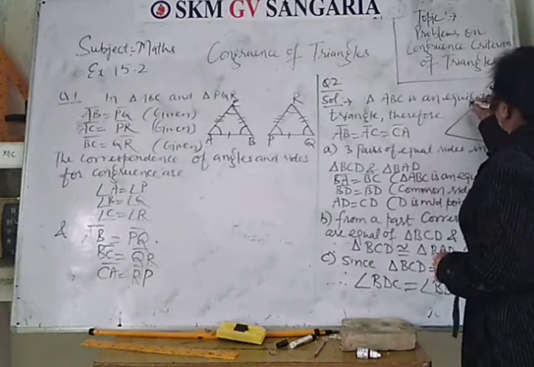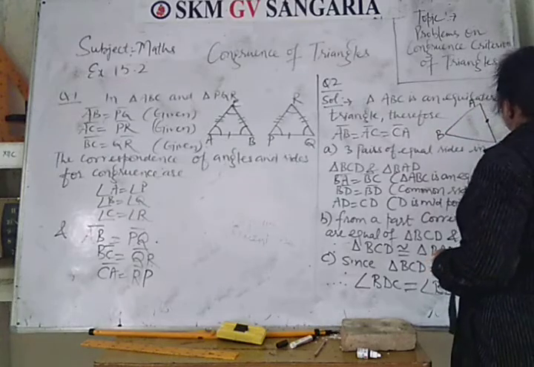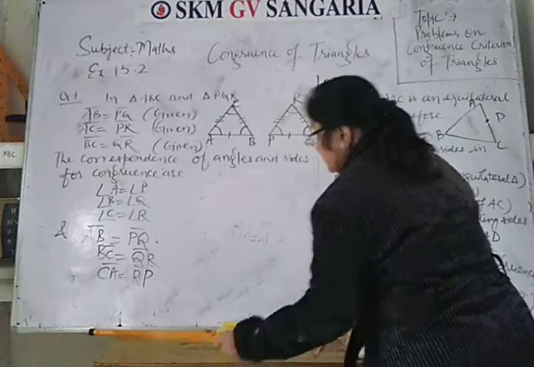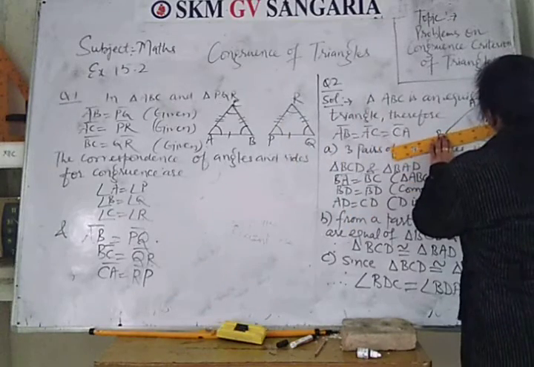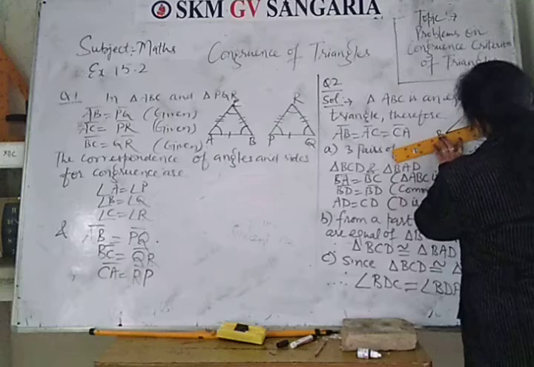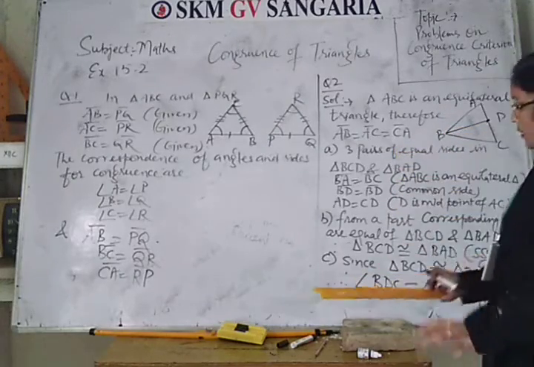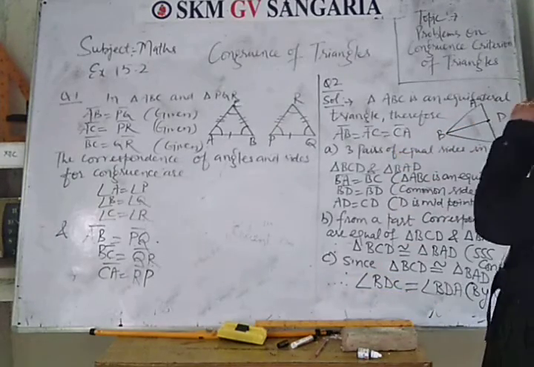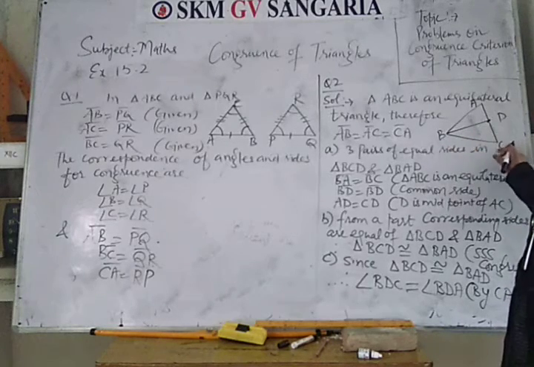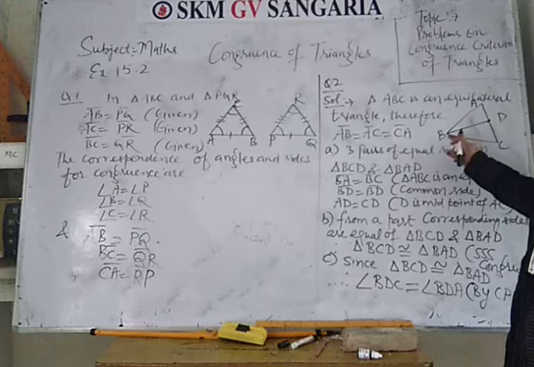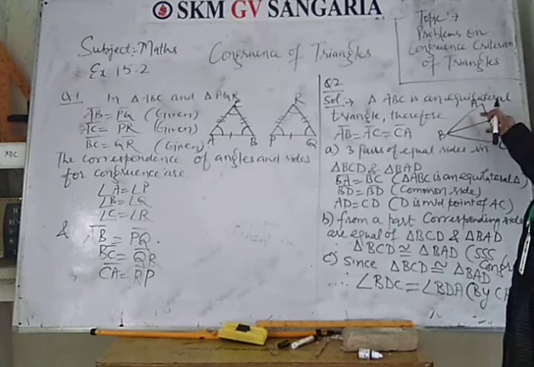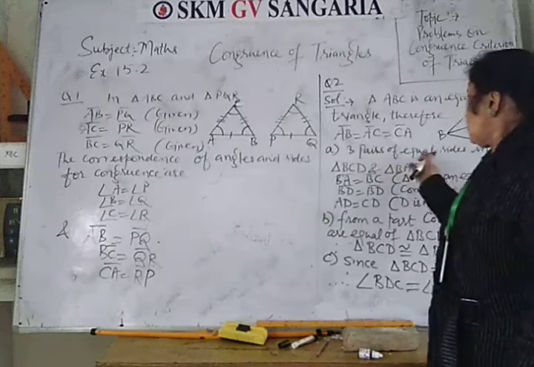So, equilateral triangle is ABC and D is the midpoint of AC. So, you will join it. Now, two triangles are here. Which triangles? BCD and triangle BAD. These two triangles are there. So, three pairs of equal sides.